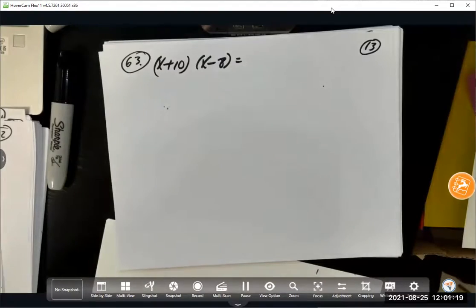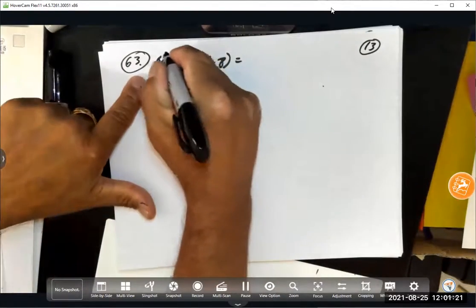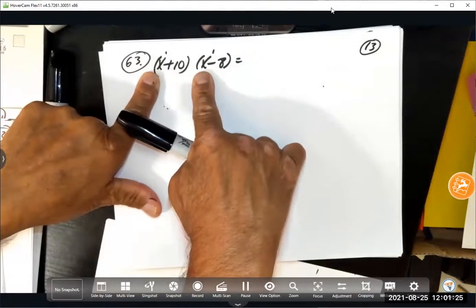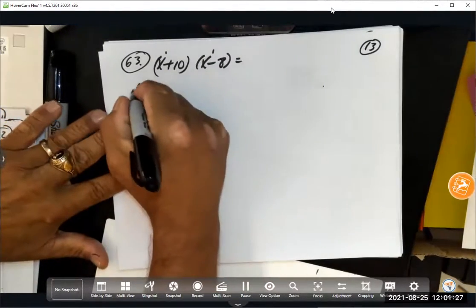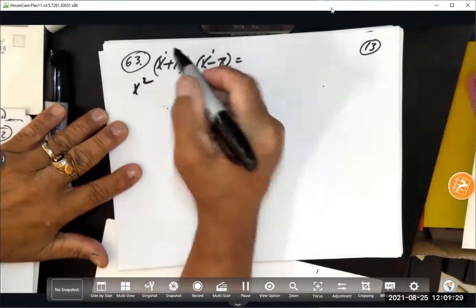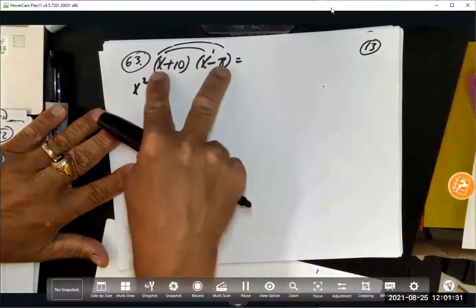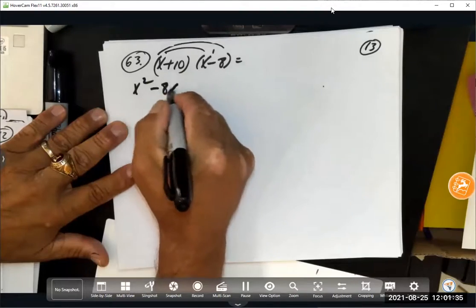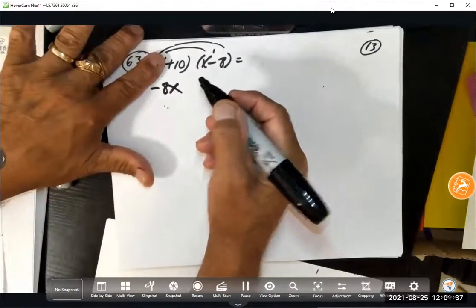Ready? So tell me. This is the one part, remember that. So what do you think x times x is? x squared. Exactly. And what's x and negative 8? Negative 8x. We're done. Now the next one.